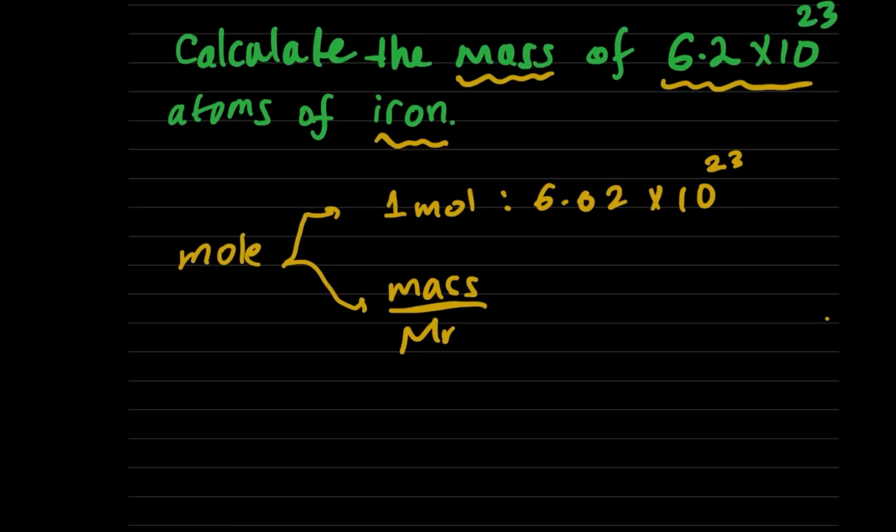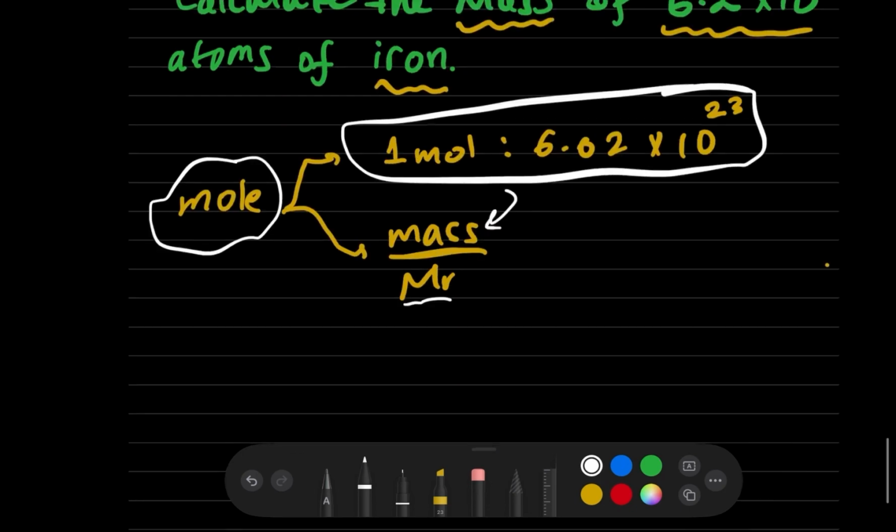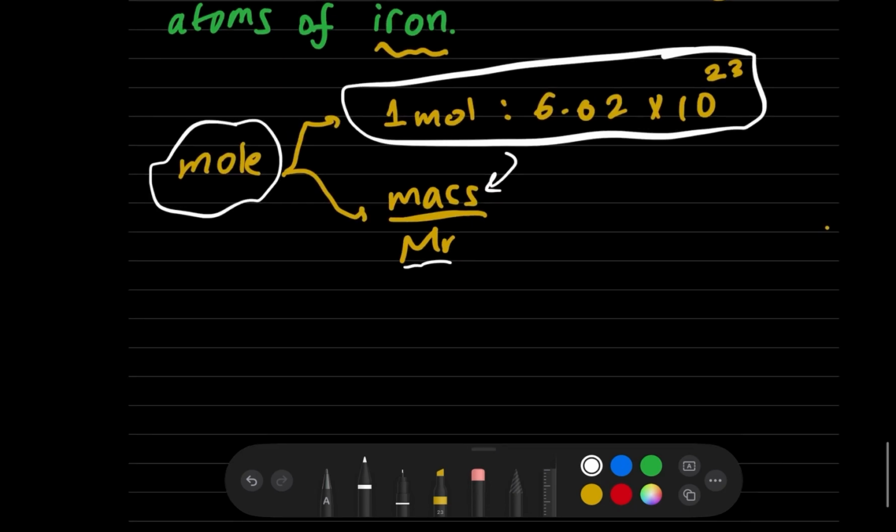So how can I calculate the mass? If you need to calculate the mass, we need the MR or the AR, and we need to calculate the moles. How can I calculate the moles? We can find out the ratio in here. So let's apply this ratio. Each 1 mole of any compound, molecule, anything contains 6.02 times 10 to the power 23.